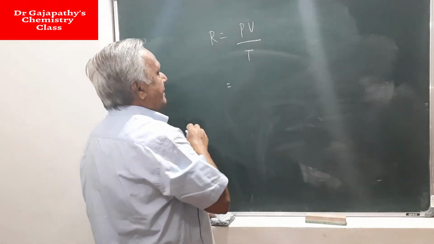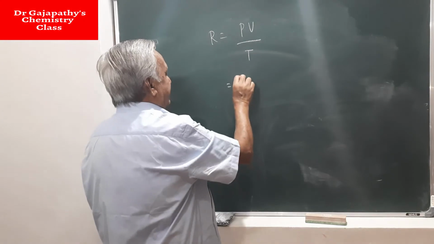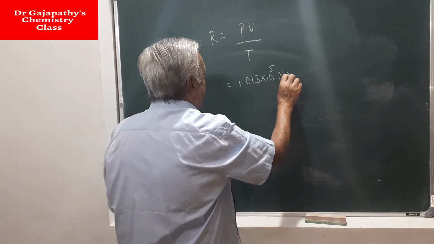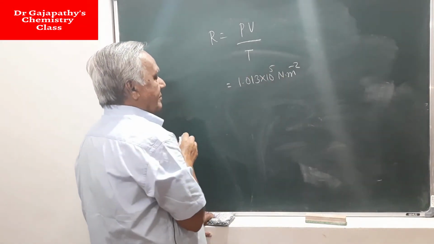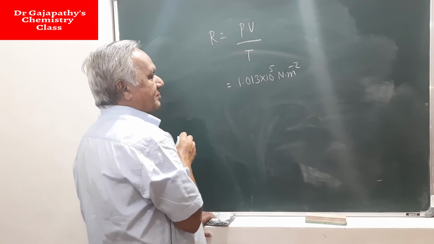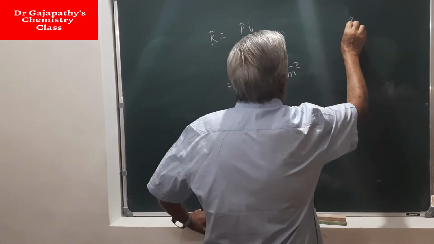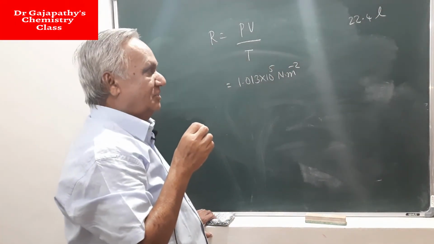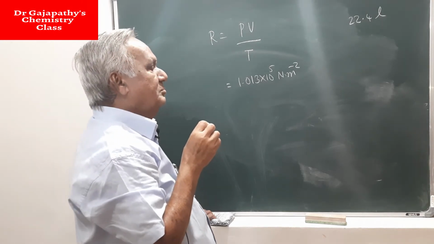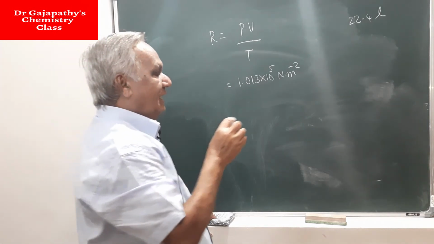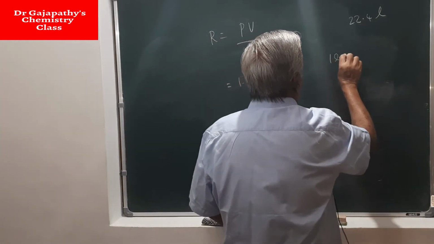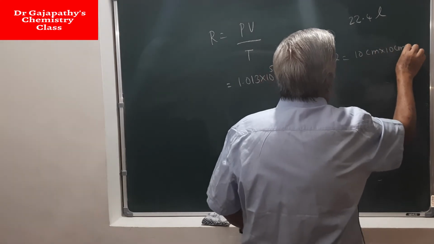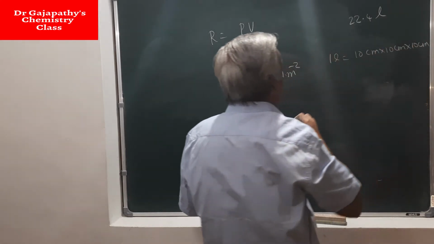So 1 atmosphere pressure in terms of Pascal is 1.013 into 10 power 5 Newton per meter square. What is the volume? 1 mole of a gas has a volume of 22.4 liters at STP. I want it in terms of meter cubes. A liter is nothing but 10 centimeter into 10 centimeter into 10 centimeter. This is called a liter.